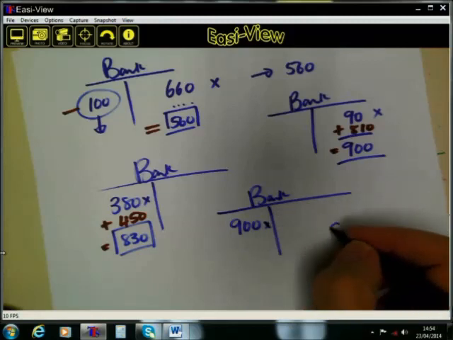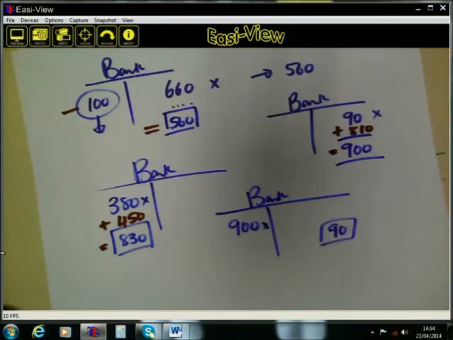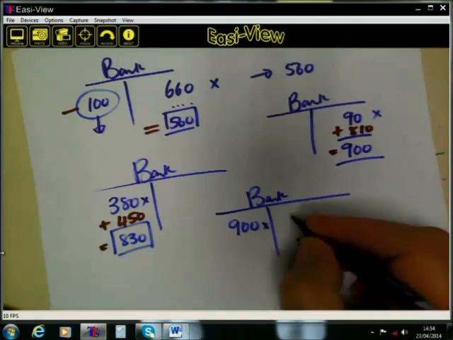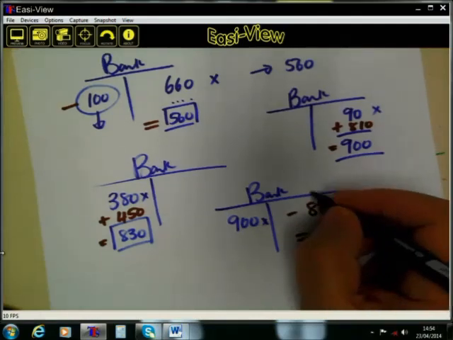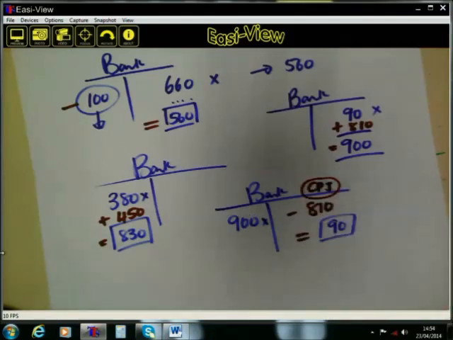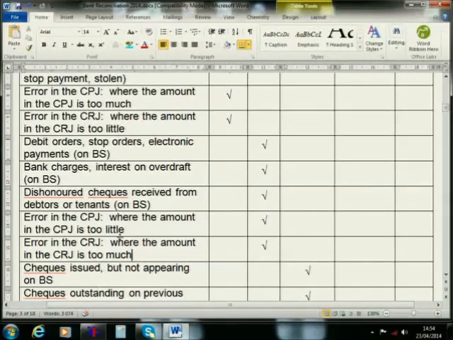This is correct: it was supposed to be 90 Rand. So 900 minus 90 gives you 810 Rand, and then you must minus the 810 on the CPJ side of your bank. So it's the easiest way to quickly open a bank account and see where you must put it. Where the CPJ is too little, you put it in the CPJ, or where the CRJ is too much, the opposite journal, then you put it in the CPJ.